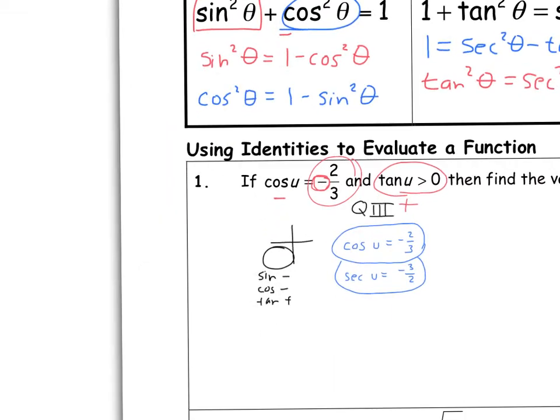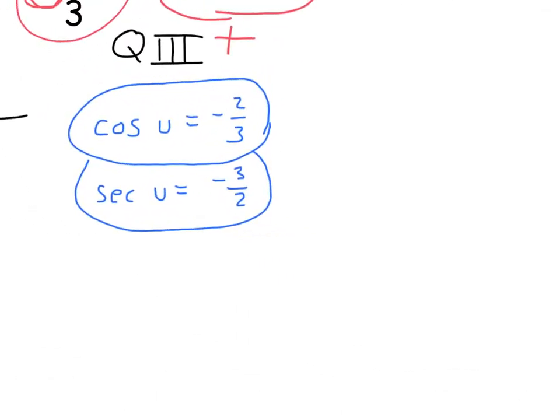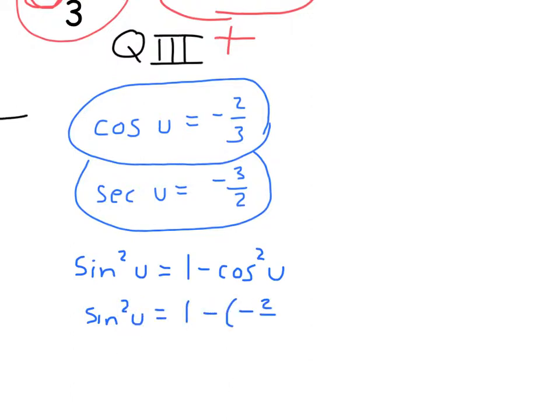So I am going to use sine squared of u is equal to 1 minus the cosine squared of u. So I can just substitute in here. And I can put the negative 2/3, squared, because according to this, I'm squaring the result.